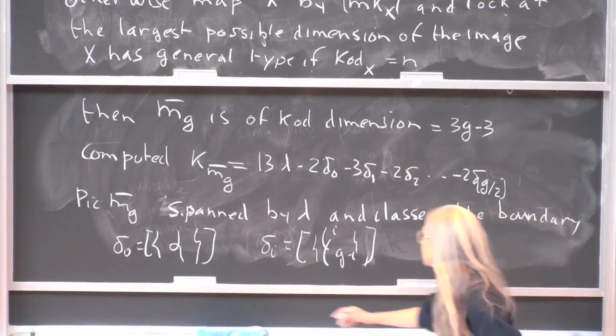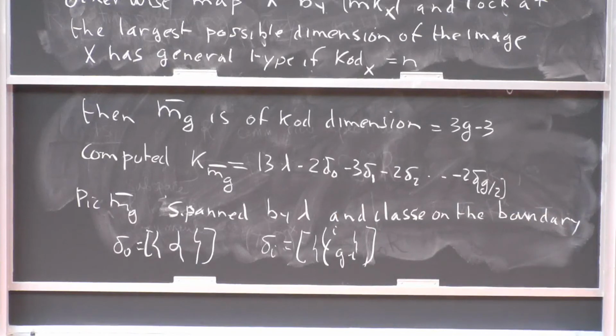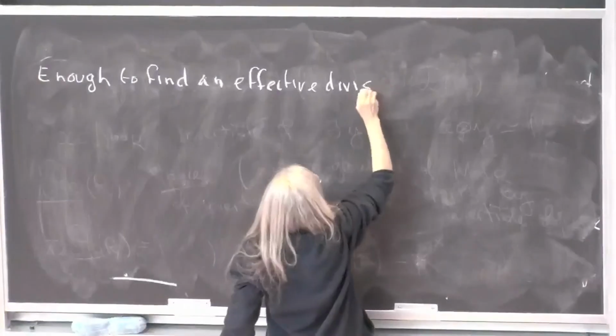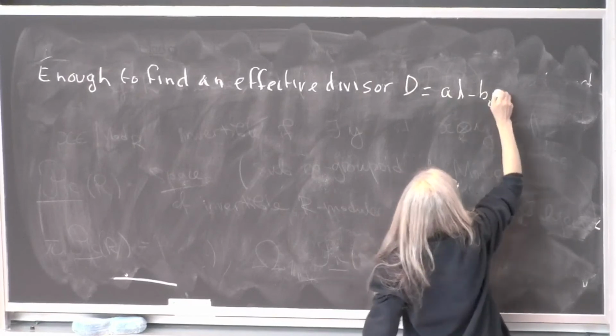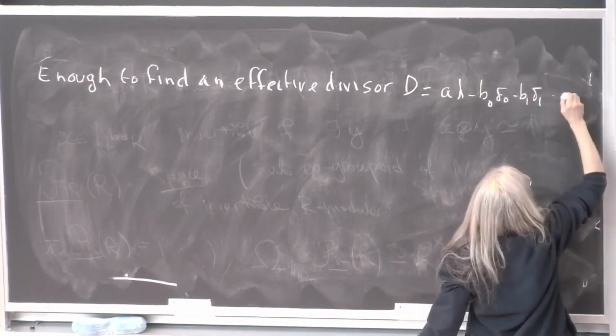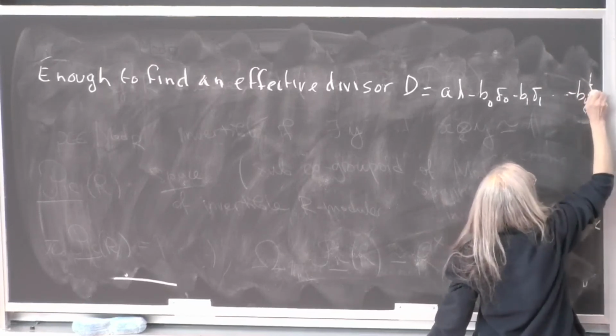So they saw that what they needed to find was a divisor which is effective, that divisor which is effective, we can write this as a lambda minus b_0 delta 0 minus b_1 delta 1 up to minus b_{g/2} delta g over 2.